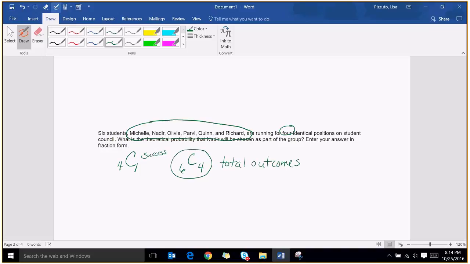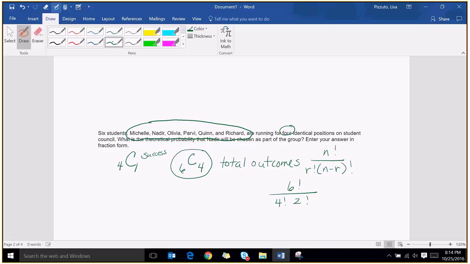So that's your, remember, n factorial over r factorial times n minus r factorial. So that's 6 factorial over 4 factorial times 2 factorial, correct? Yes.